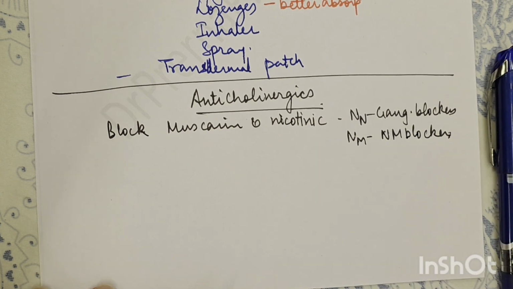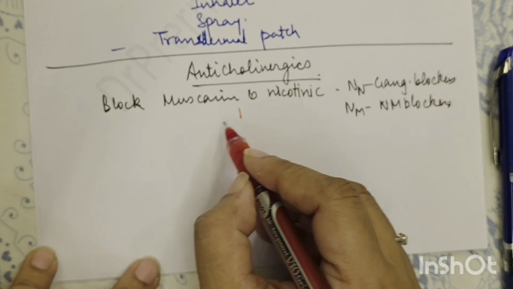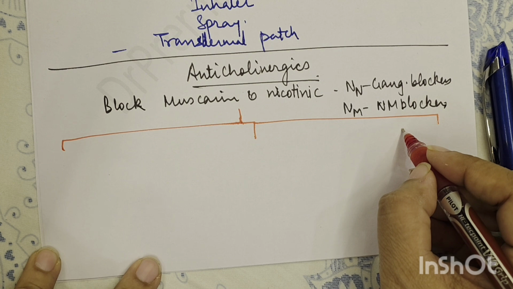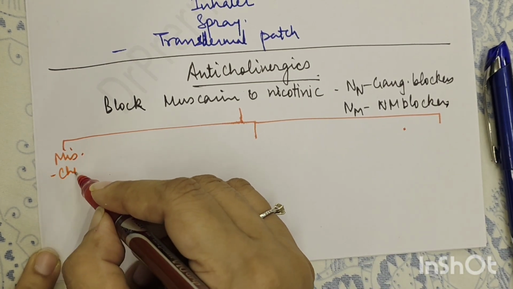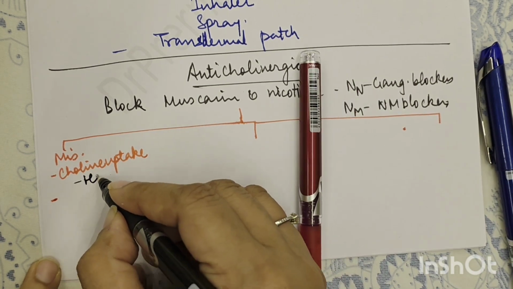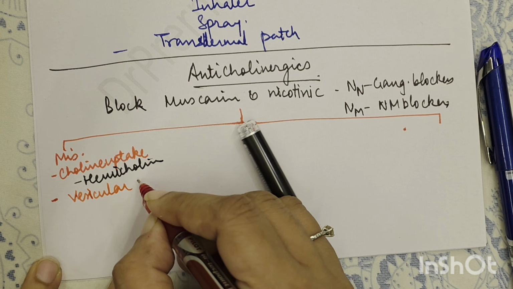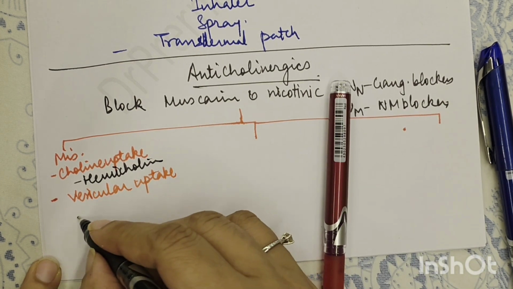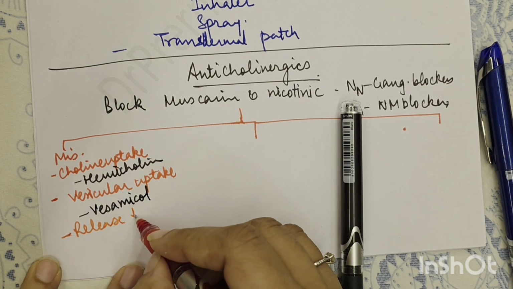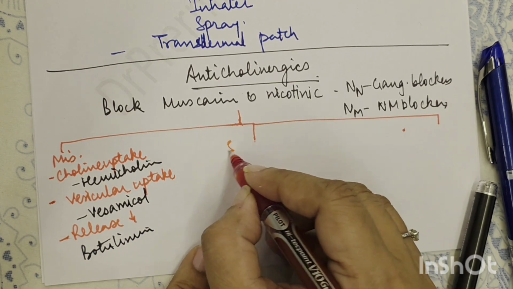Okay, let's see the classification here. Seen the classification earlier also. Miscellaneous, non-selective and selective. So miscellaneous में I had shown you choline uptake inhibitor, that was hemicholinium, right? Vesicular uptake inhibitor, that was vesamicol. Then release inhibitor, that was botulinum toxin. Okay, then selective blockers.